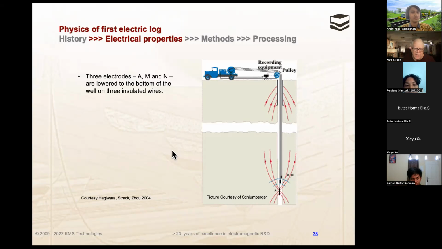I believe we will get to that at some stage, but let me explain it to you. As Archie's law says, the resistivity of rock is directly proportional to the resistivity of the pore fluid, which is all of the pore fluid. If you have more salt material in the water, then the pore fluid is more conductive.